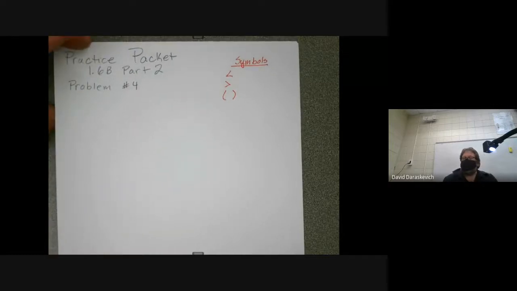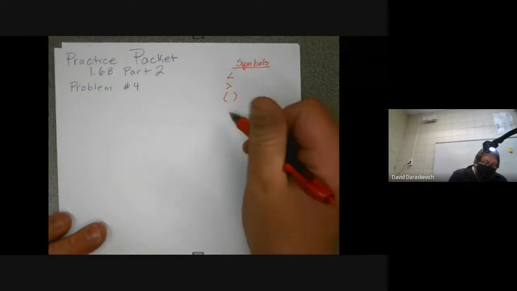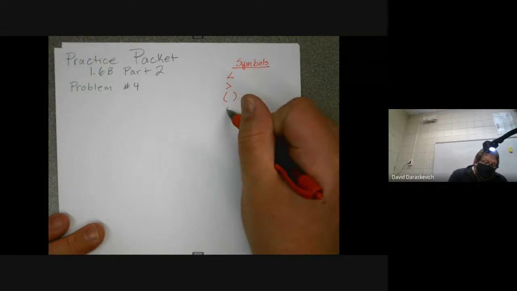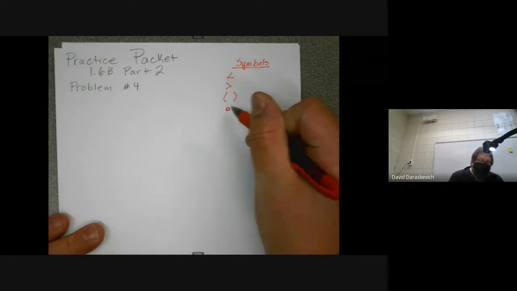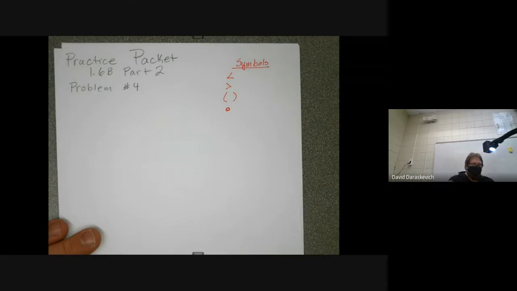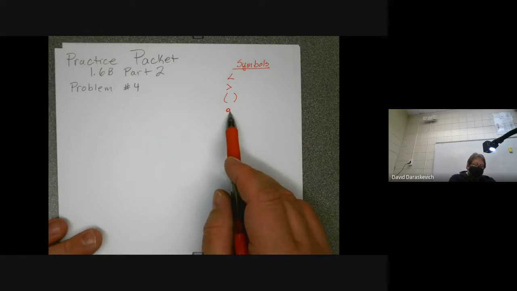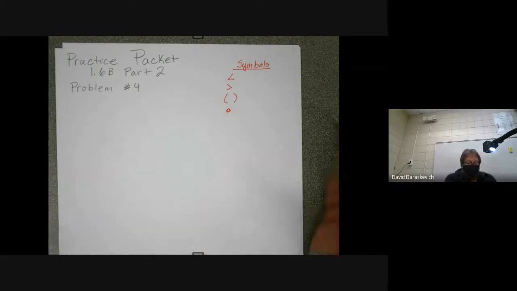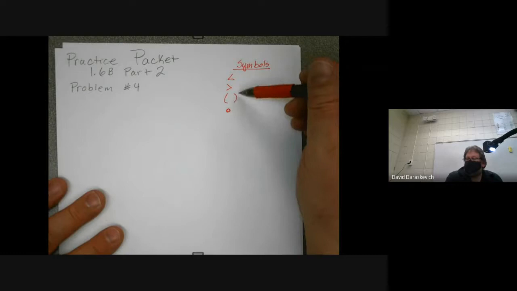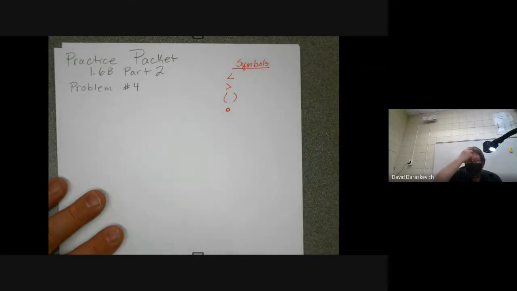For the past 3 years, maybe even 4, you guys have been using open circles and then graphing a line from there. Why we teach you that, I don't know, because from Algebra 2 on, you'll never see these circles again. I don't know why we don't just start from the beginning teaching you with the parentheses and brackets.